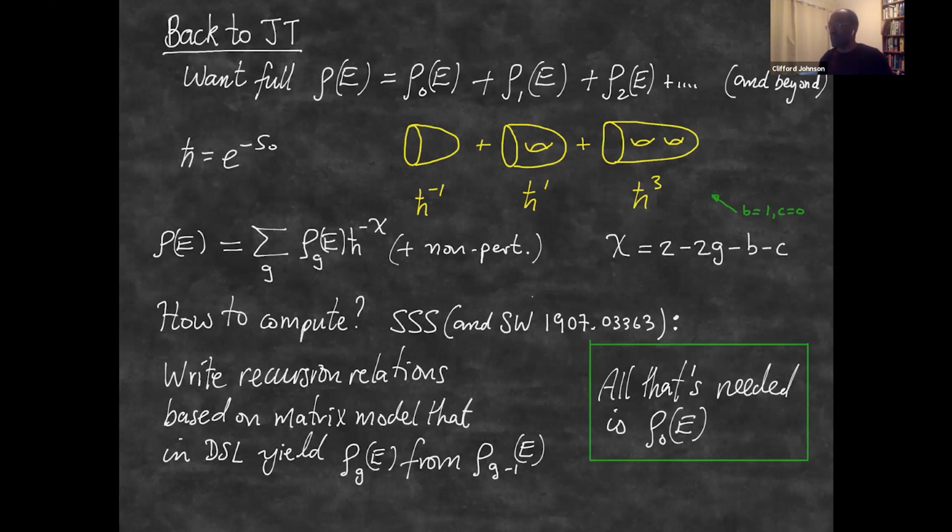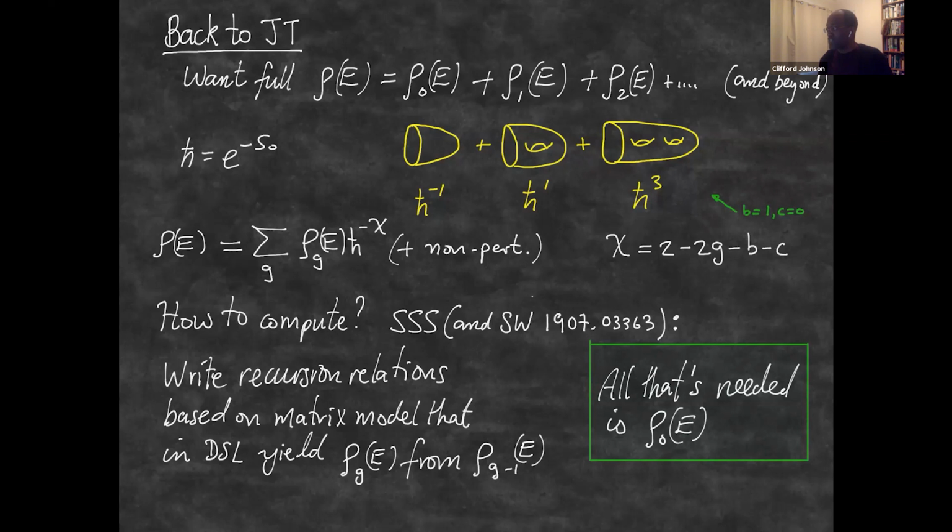So let's head back to JT gravity and write things in the following form. In general, then, I'd like to have topological corrections to the partition function, or by extension to the spectral density. If you go back to the action that I wrote down originally, there was an S0 in front of the Einstein-Hilbert term, which in 2 dimensions gives you the Euler number, and things organize themselves in the following way.